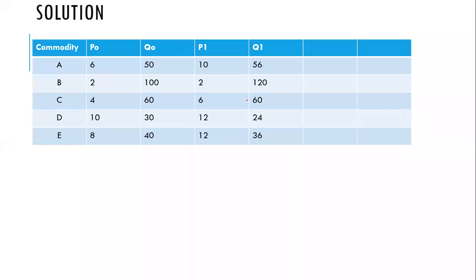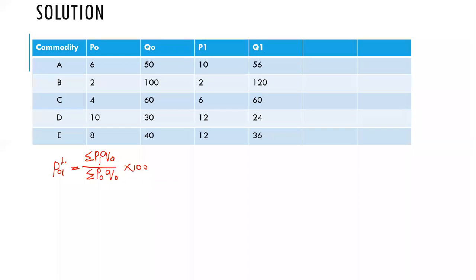First we will write the formula, which will help you see what things we require. P01 under Laspeyres is equal to summation P1 Q0 divided by summation P0 Q0 into 100. P0 is the 2015 price, Q0 is the 2015 quantity, and P1 Q1 are the 2020 price and quantity.